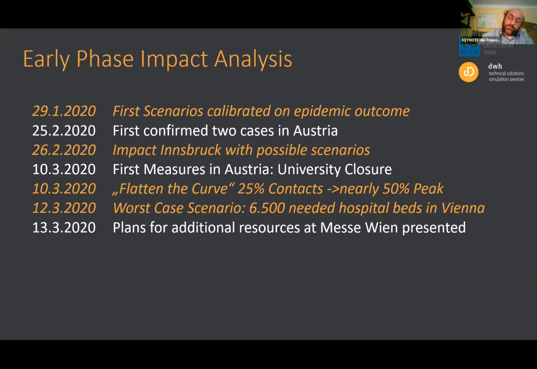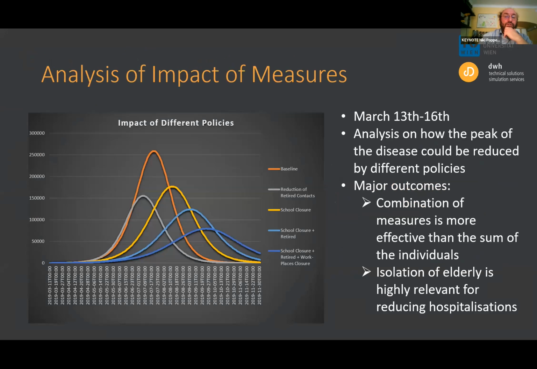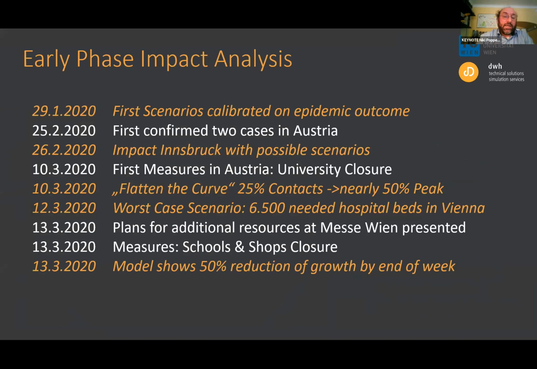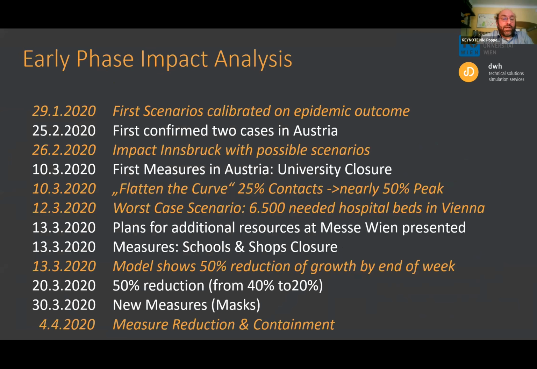We can continue this. In Austria, the measures for school and job closures and additional measures were done in the middle of March and continued up to the end of March, where masks were introduced in Austria. And the whole idea I wanted to emphasize is that the model, and models in such cases, have to be pretty flexible.